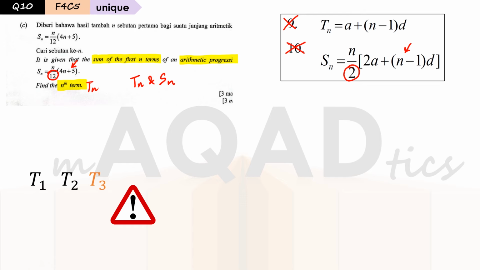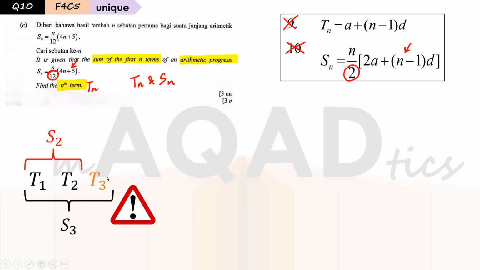So the way is, let us find out the sum of all of these three terms first, which is S3. Okay, and since I want to find the third term only, it means I need to remove T1 and T2, right? And actually we can find the sum of T1 and T2 because this is the sum of the first two terms, which is S2.